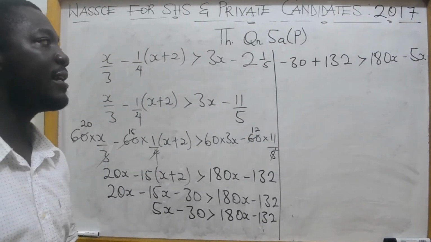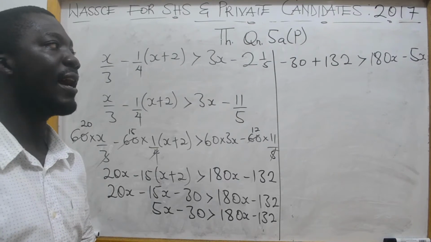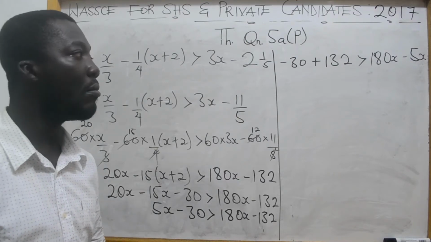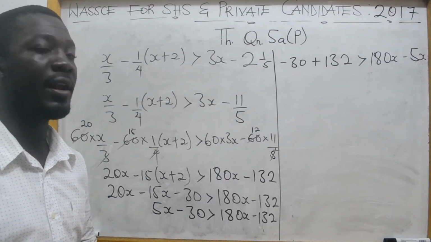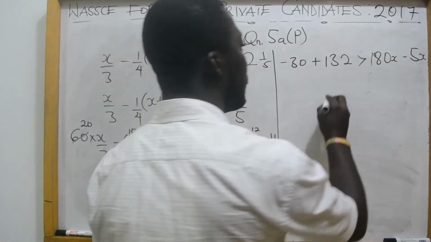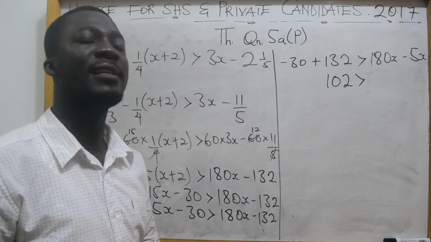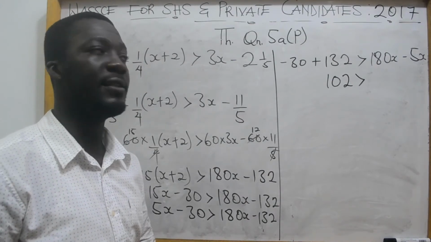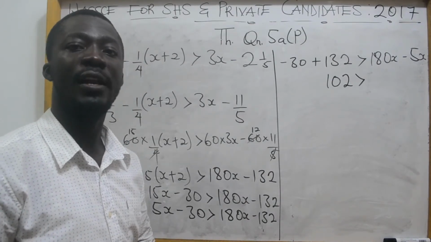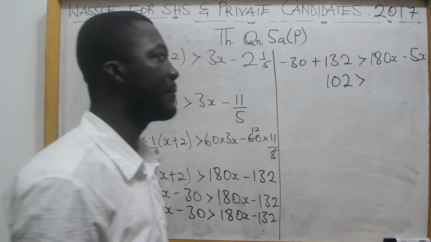Negative 30 plus 132 is 102. So 102 is greater than 180x minus 5x is 175x.